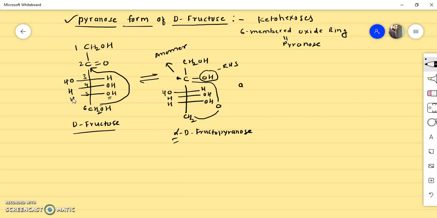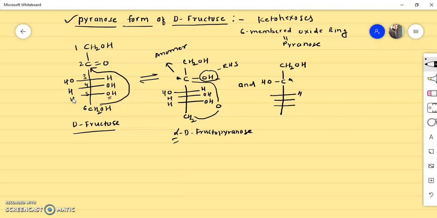Now like the alpha anomer we can draw a beta anomer. We just have to draw this hydroxy group on the left hand side, and the rest of the structure will be as it is. So CH2OH will be as it is. Now this second carbon will have hydroxy group on this side, so this is the anomer. The rest of the structure is as it is.